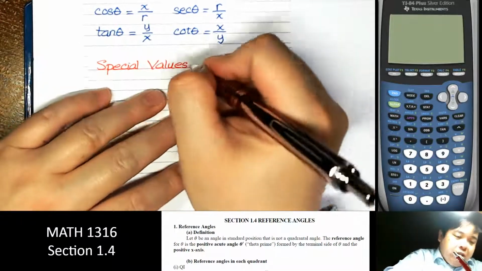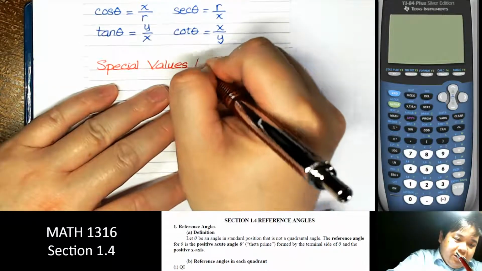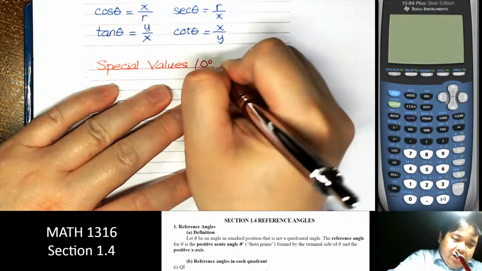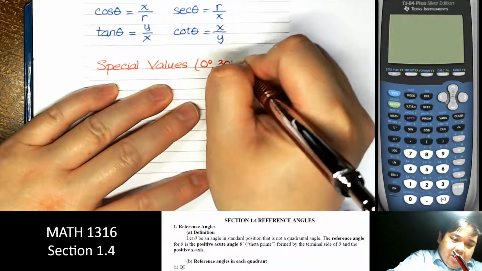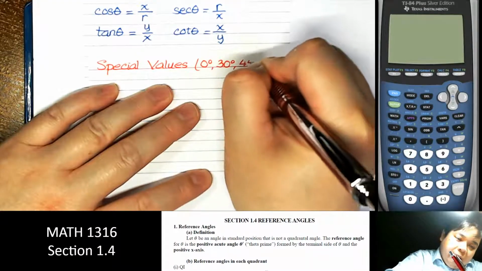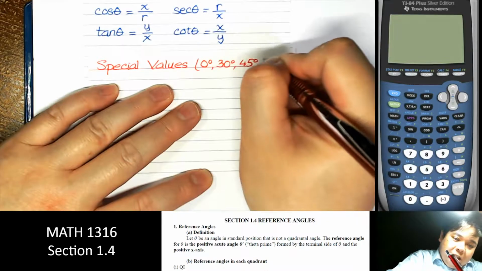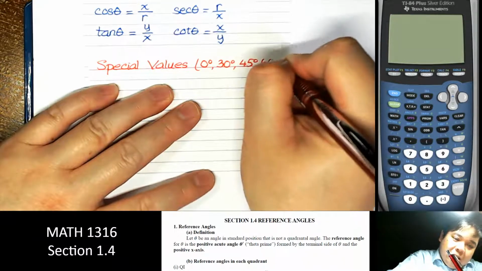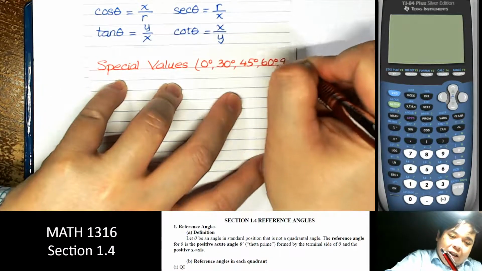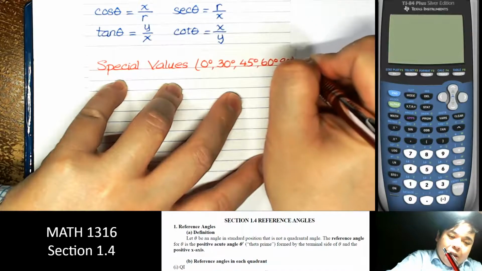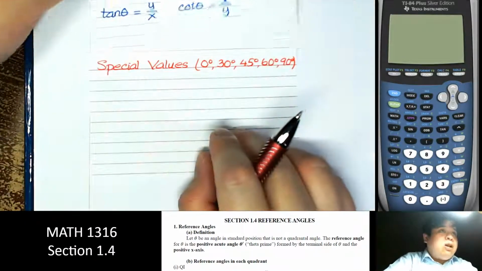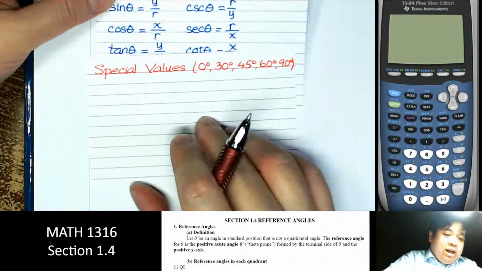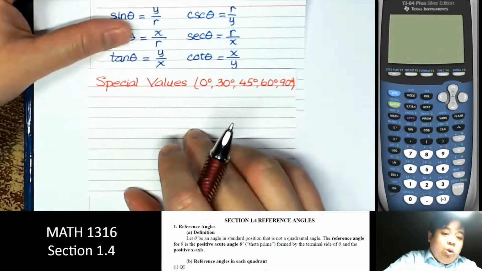For special values, we have 0 degrees, 30, 45, 60, and 90. Those are the values that I expect you to get the answer to rather quickly.